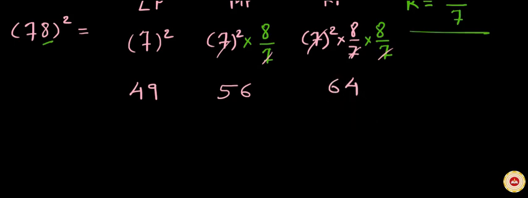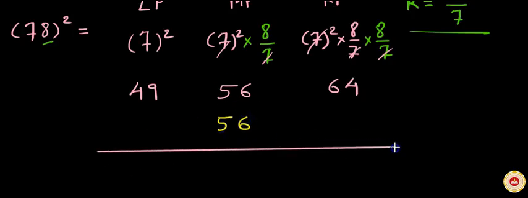Now it is time to repeat the middle part. What does repeating mean? Repeating means writing the same value. Now let us add vertically. Consider these three parts as three separate columns and add the numbers in those columns vertically. So write 64 as it is because there is nothing to add with 64.